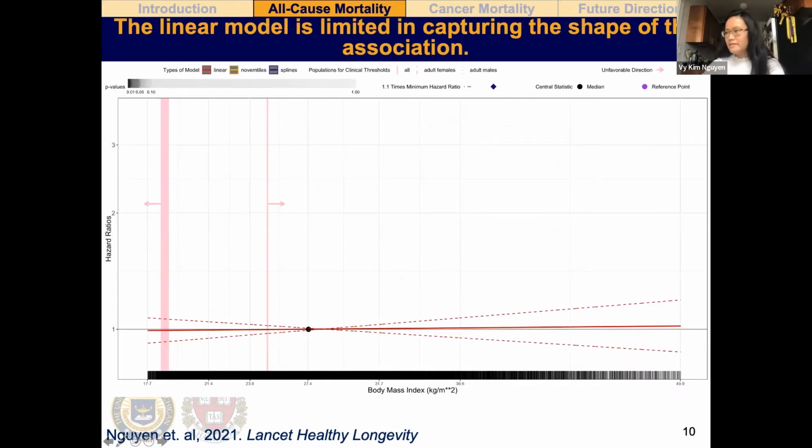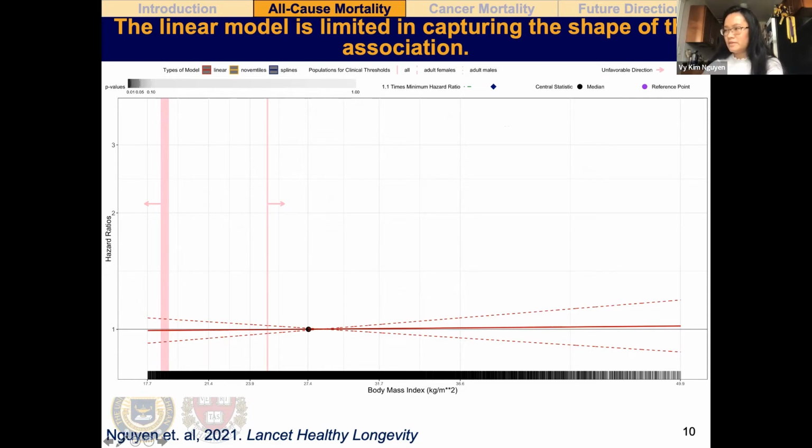On the x-axis I show the distribution of the body mass index, and on the y-axis is the hazard ratio. This is a measure from our model looking at relative mortality risk. These pink lines right here indicate the ranges: the lower one is the lower range, 18.5 to 19 BMI, and between 18.95 and I think 24.5 is the normal range.